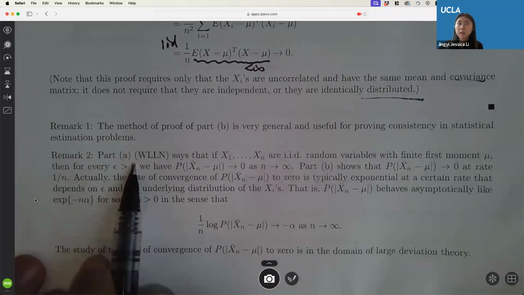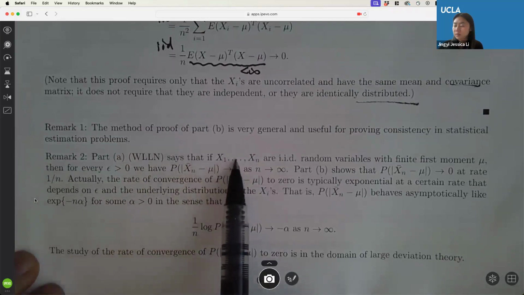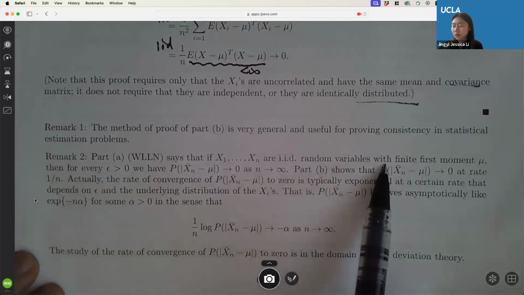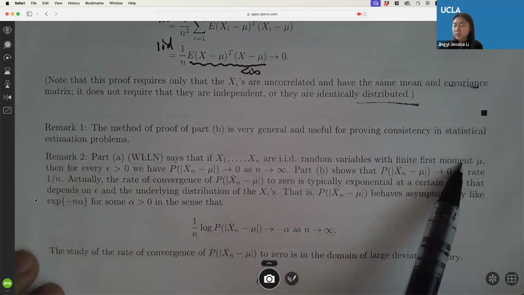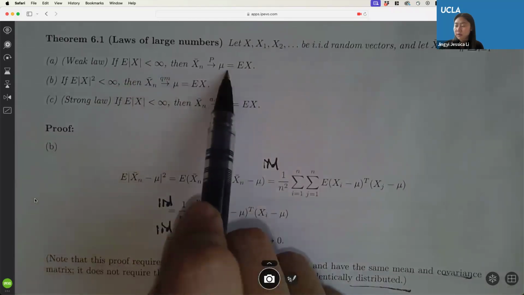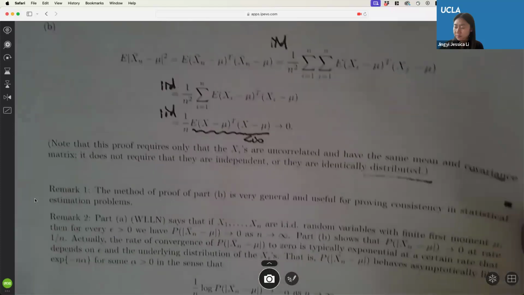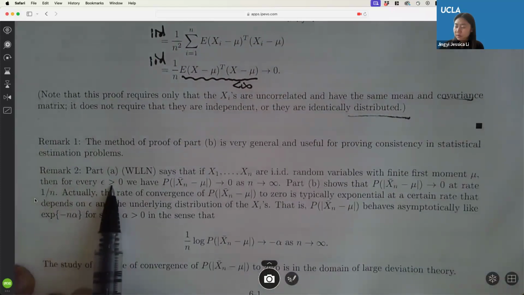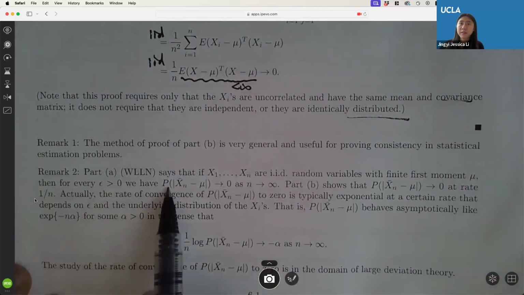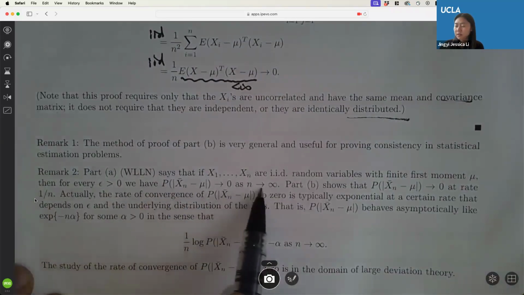So part A, the weak law of large numbers, says that if x1 to xn are IID random variables with finite first moment mu, and finite absolute expectation, then for every epsilon greater than 0, we have this go down to 0 as n goes to infinity. This is the definition of convergence in probability.